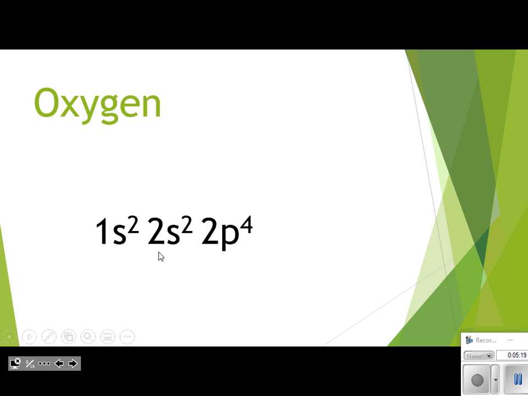The second energy level is the valence, the outermost. How many electrons do I have on my outermost level? Is this on the outermost level? Yeah, it's on 2, right? So there's 2, and here's 4. Is that on the outermost level? Yeah, so how many total? 6 valence electrons, right?